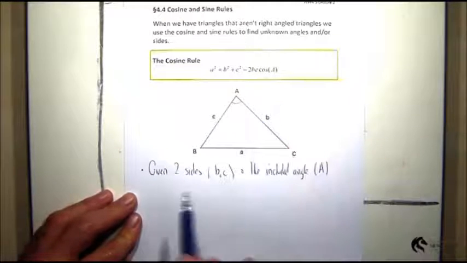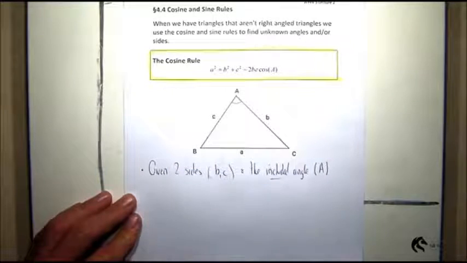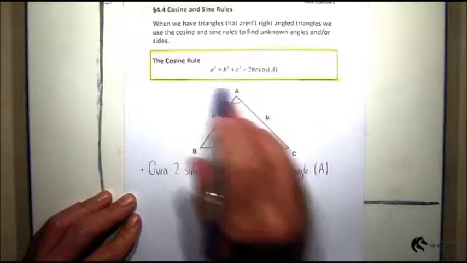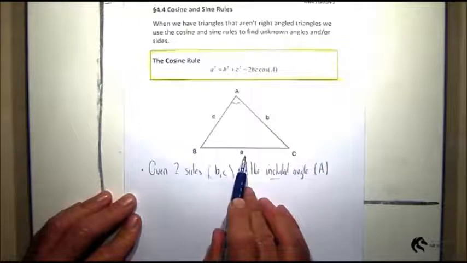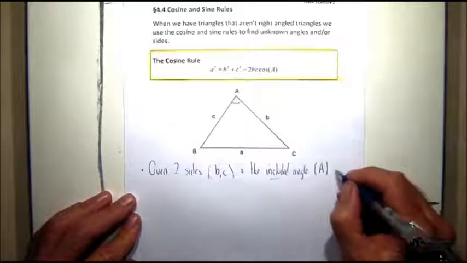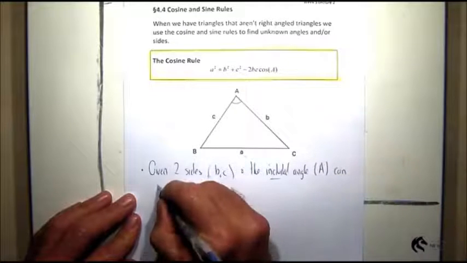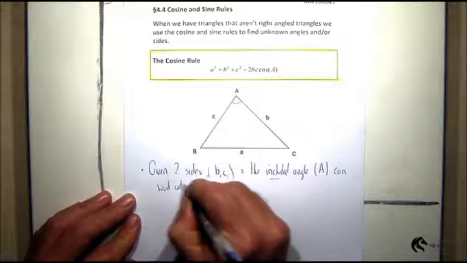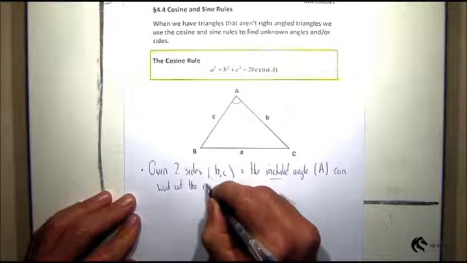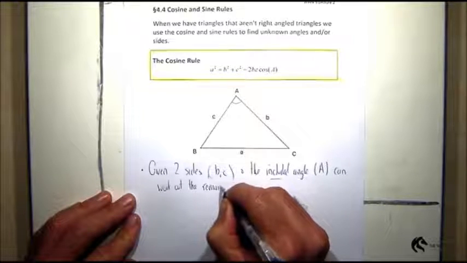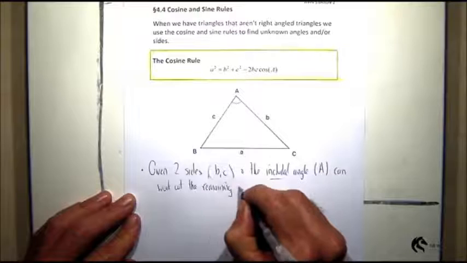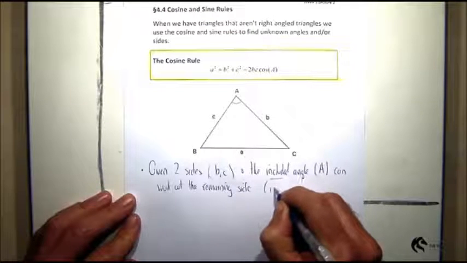But given 2 sides and the included angle, then I can work out the third side. I can work out this side A, i.e. A.